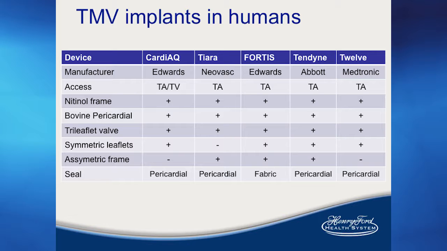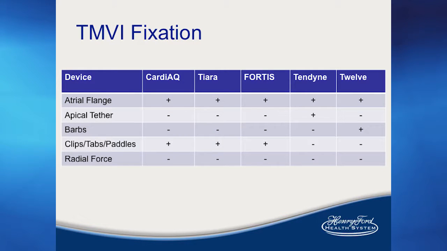The remainder are all transapical. Some of them have asymmetric frames, and some have symmetric frames. And there are a variety of ways of fixing them. CardiAQ uses tabs and paddles as a flange. Tiara has a flange and paddles. So does Fortis, but Tendyne doesn't; it has the apical tether. So we're still learning what technology is going to work.